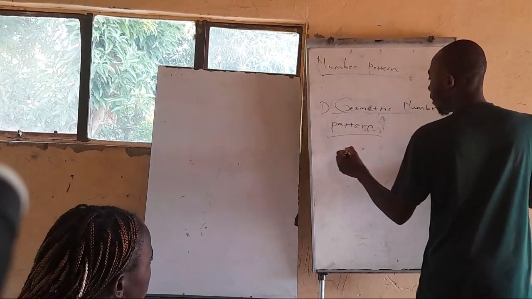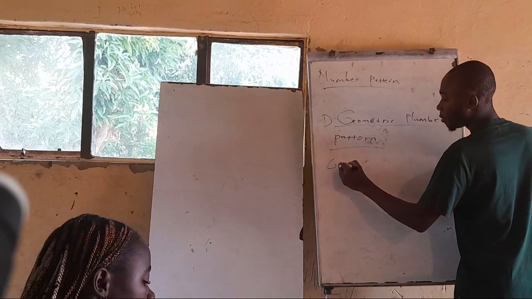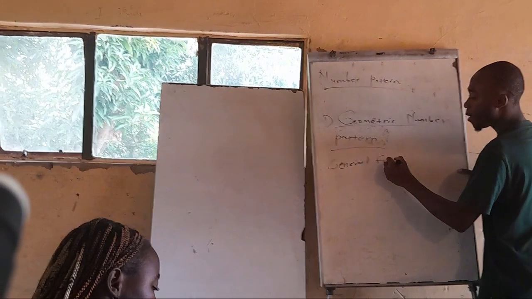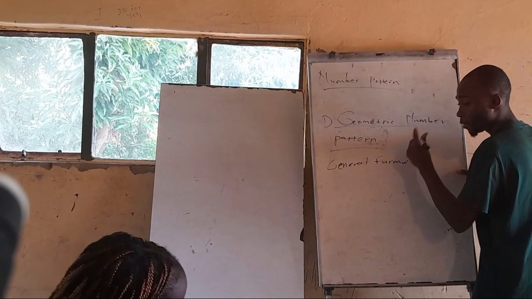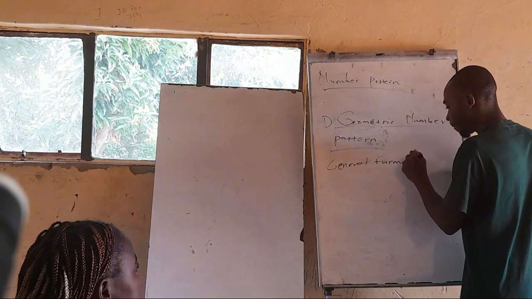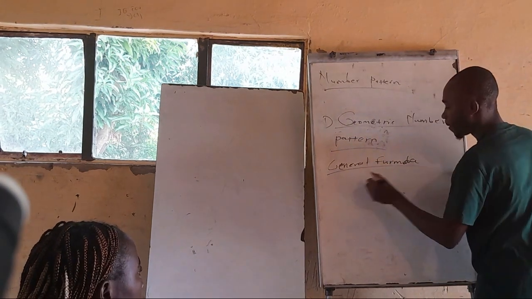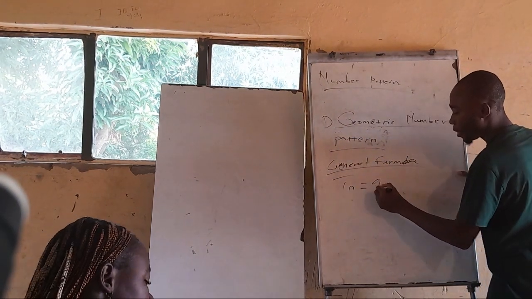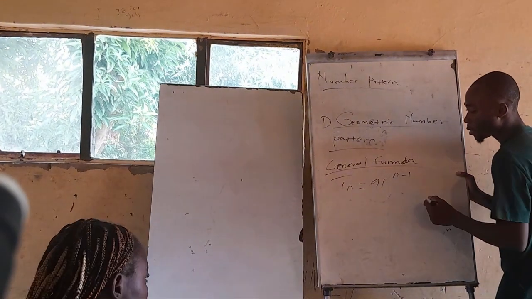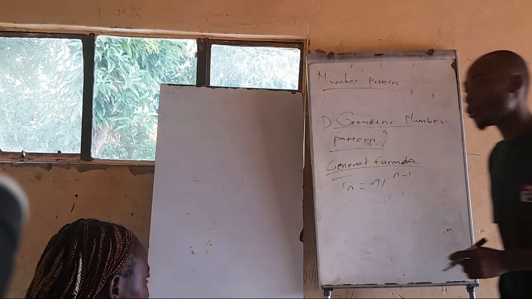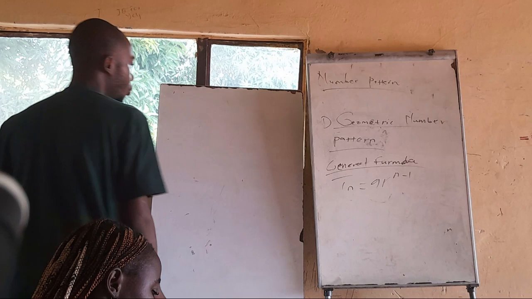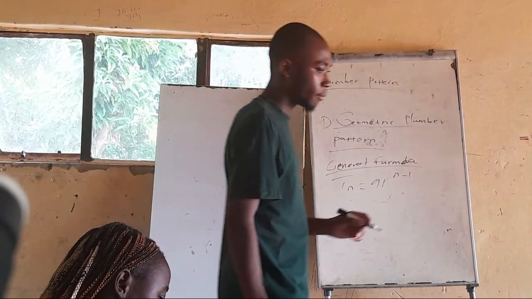The general formula is Tn equals to a r to the power n minus 1. That's your general formula for your geometric number pattern.